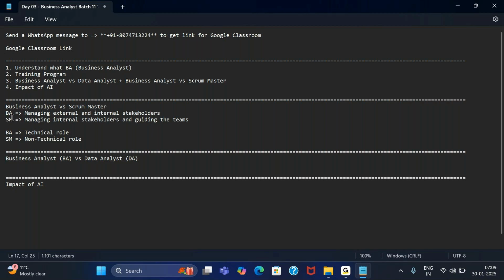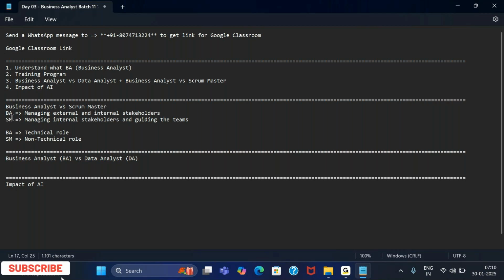So Scrum Master is more of a people management role rather than being involved directly in the software development. I'm not saying Scrum Master is not involved in software development, but the primary responsibility of a Scrum Master is to be engaged in people management. Whereas a BA's primary responsibility is to work with multiple stakeholders to ensure that you have the best possible requirements that can be worked upon.